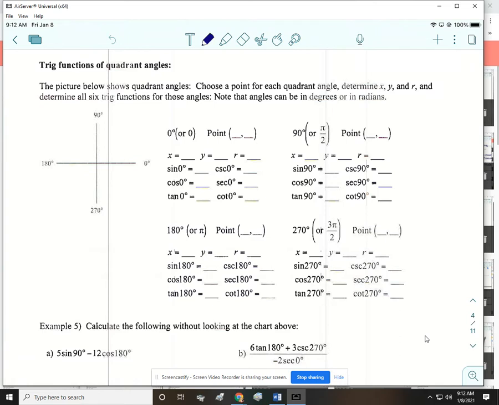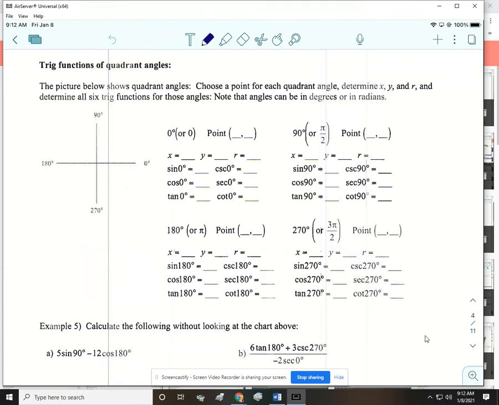Our quadrant angles are 0 degrees, 90 degrees, 180 degrees, 270 degrees, and also 360 degrees. When it's a quadrant angle that lies on an axis, either the x-axis or y-axis, we find a point at that angle.